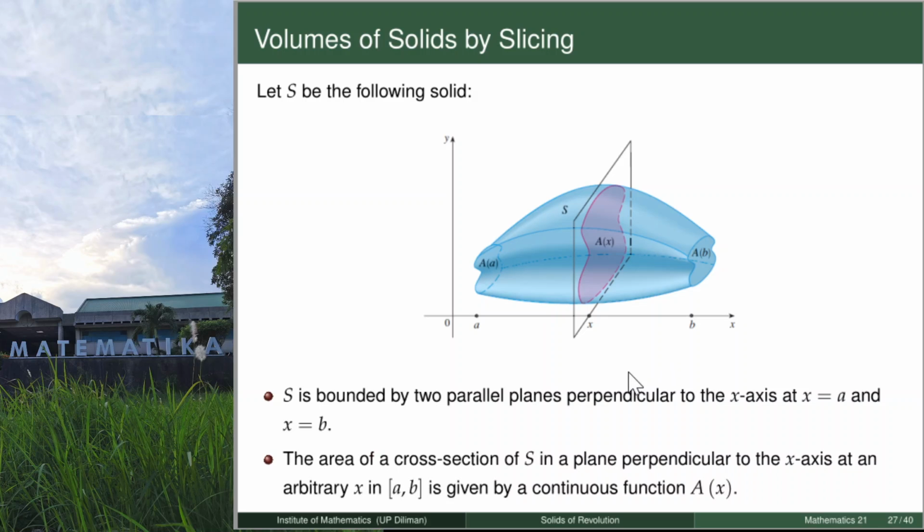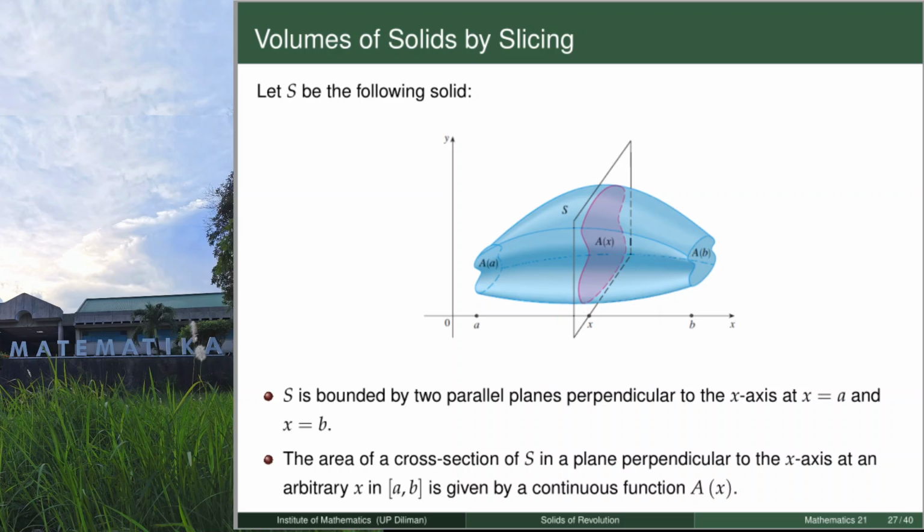Consider this red cross-section here at an arbitrary x between a and b. This cross-section is in the plane perpendicular to the x-axis, and the area of the cross-section is given by a continuous function A(x). Our question now is, what is the volume of the solid S?